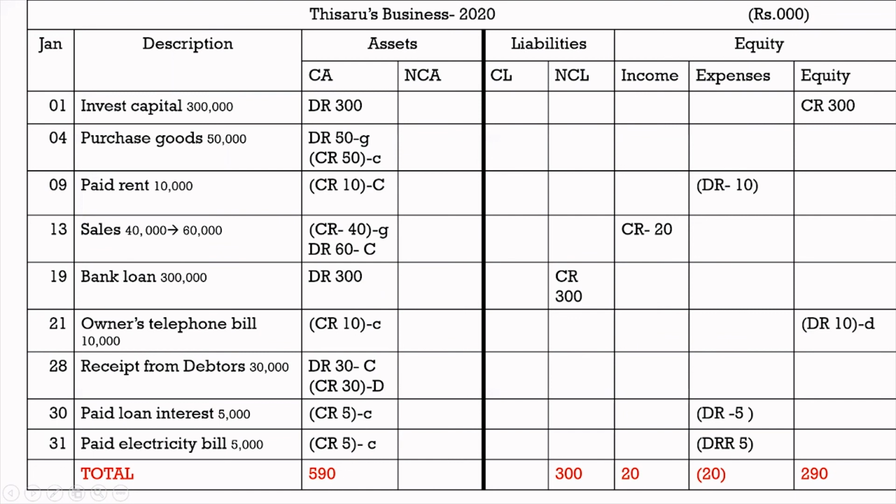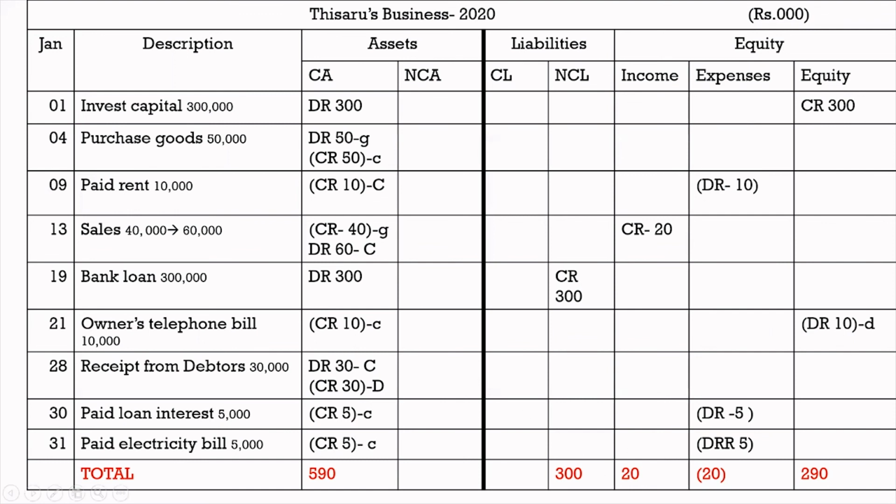So if this is the total, the liability and equities amount should be equal to this 590. So we have non-current liability 300, income 20, expenditures negative 20, and since we deducted drawings, the equity is 290, right? So for the equity, we have to first consider the equity and then we can jump to the liabilities, right?